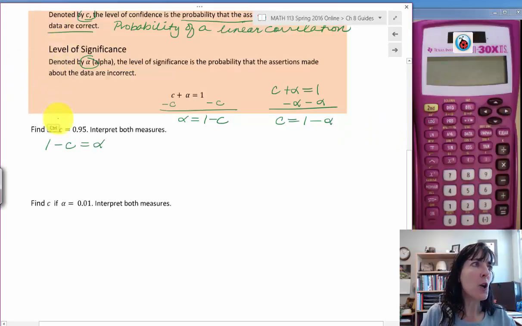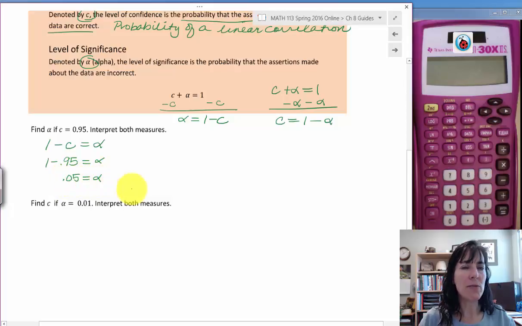In this case, we were given C, so we take it away from 1 to find alpha. So we'll have 1 minus 0.95 equals alpha, and 1 minus 0.95 is 0.05, so that's our alpha. Then we want to interpret both measures.